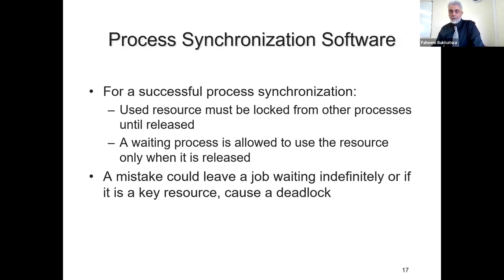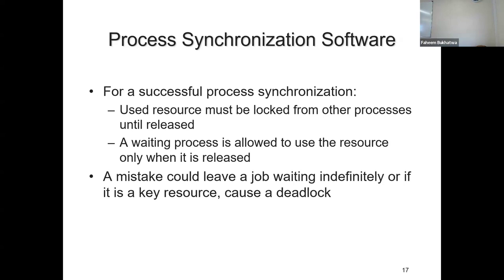It is more challenging to keep the input-output devices and memory consistent between those 3 processors. For successful process synchronization, the resources must be locked from other processes. We talked about the locking technique in the past to prevent the race problem. Remember, you want to read from a file, another process wants to write to a file, you might end up with wrong results.